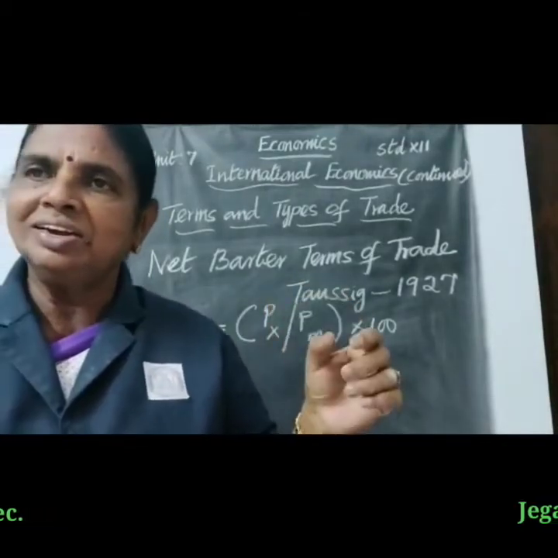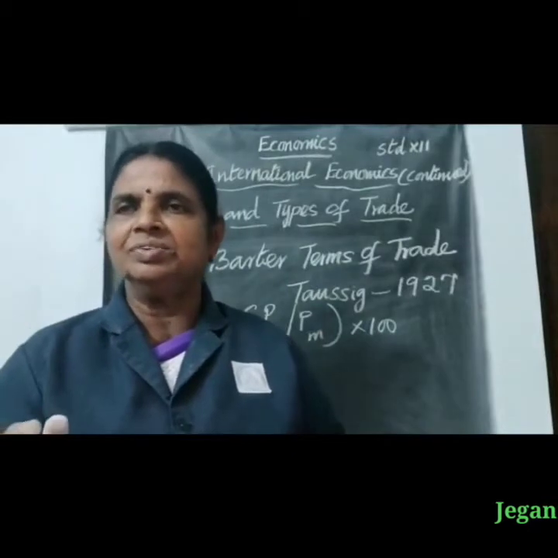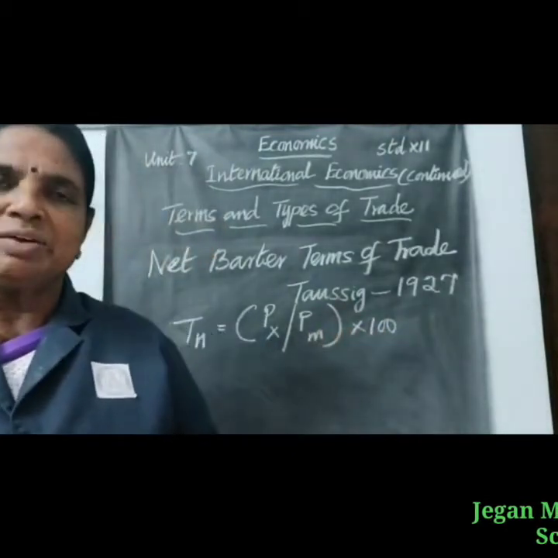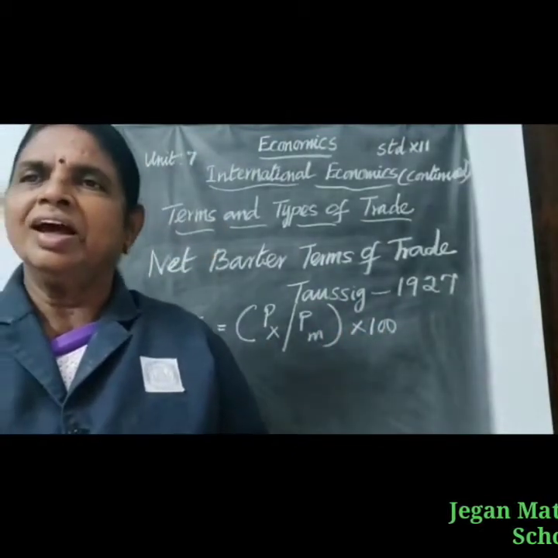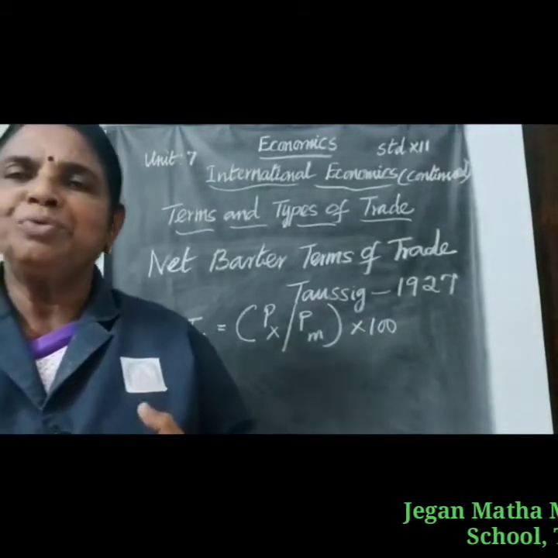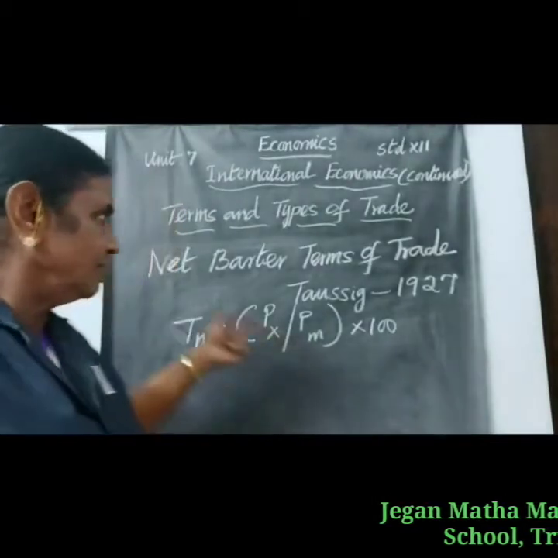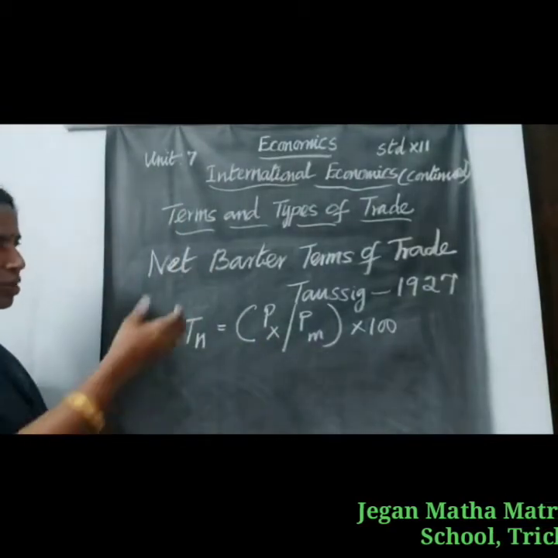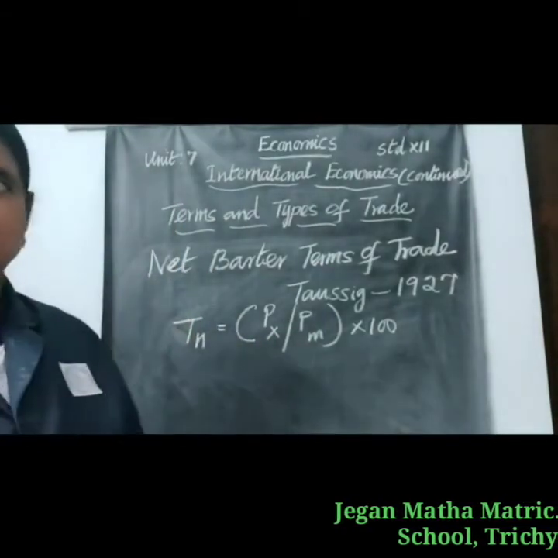So what is Tn? Net barter terms of trade. Px is the index number of export prices, and Pm is the index number of import prices. So that is net barter terms of trade given by Taussig in 1927.